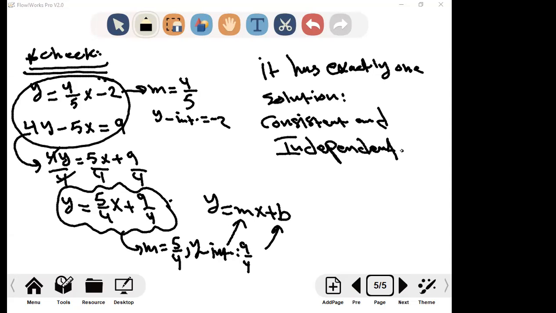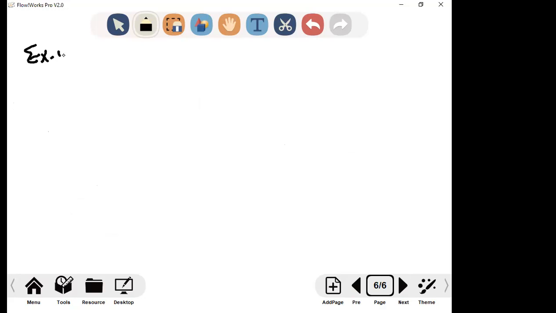Let's see example 4. In example 4, we have the following two equations: 4y minus 6x equals 16, and the second equation.